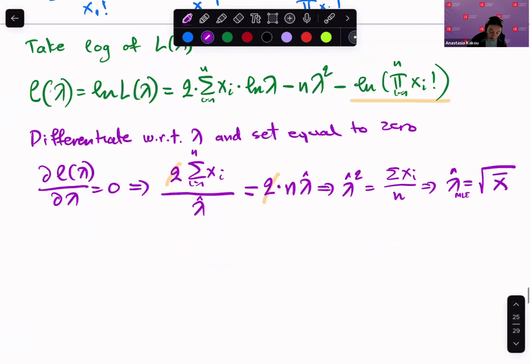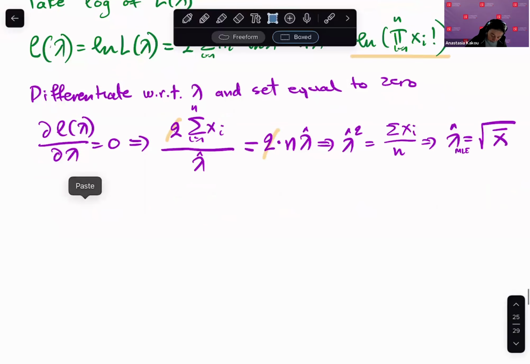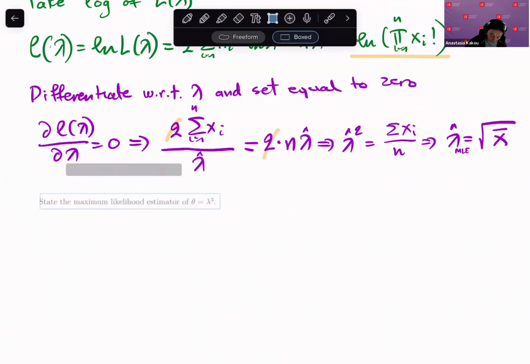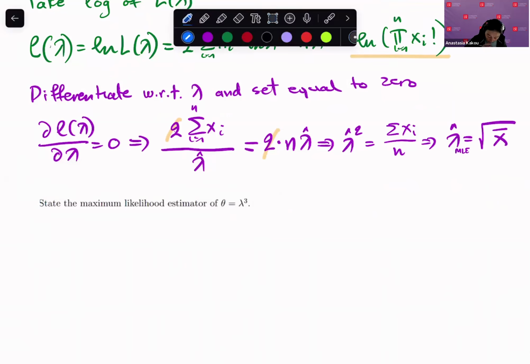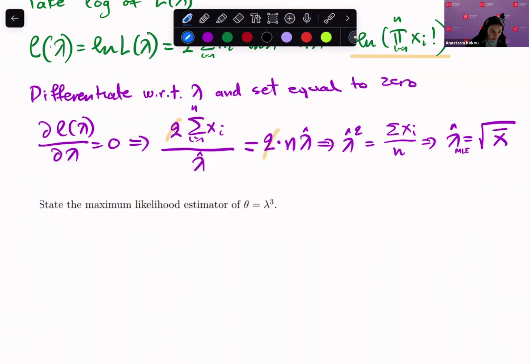Then for the next part, we have that theta equals lambda squared, so it's a function of the parameter.